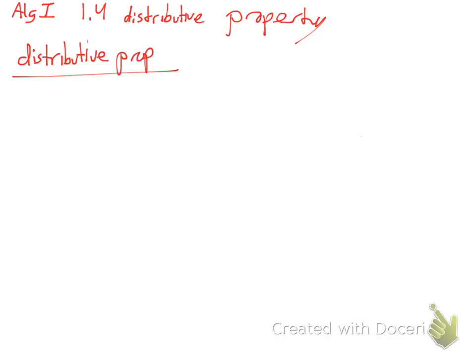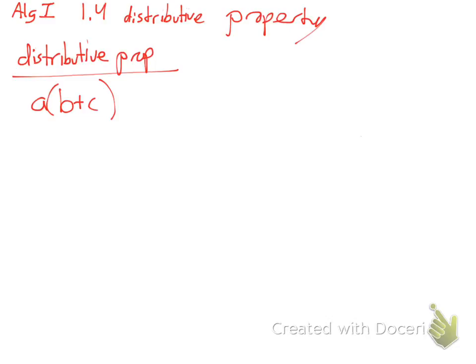Algebra 1, this is 1.4, distributive property. So the distributive property allows us to multiply numbers or things into groups. And so majority of the time when we use the distributive property, we will have a monomial, a single term, outside of a group.